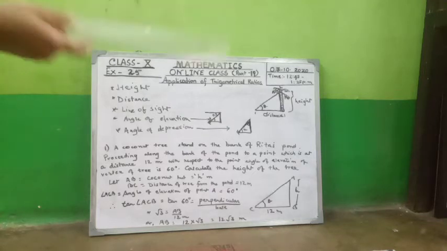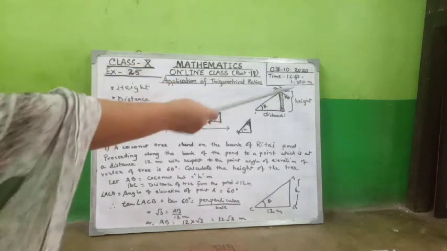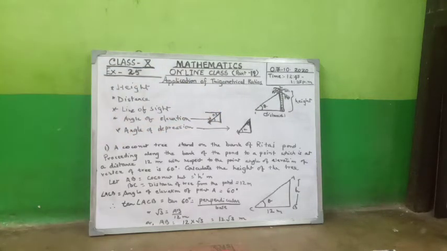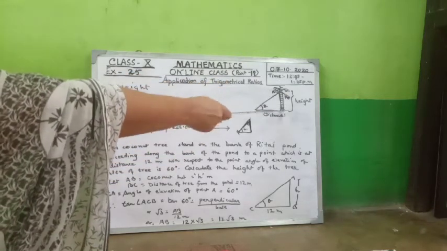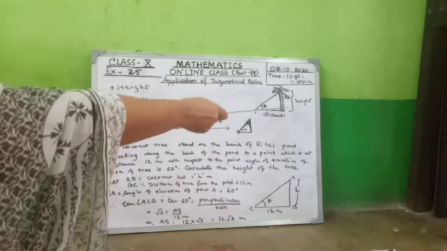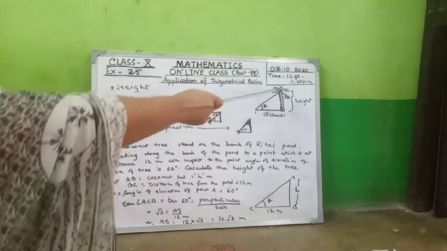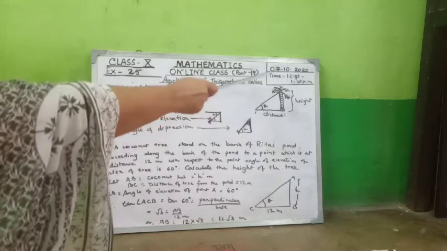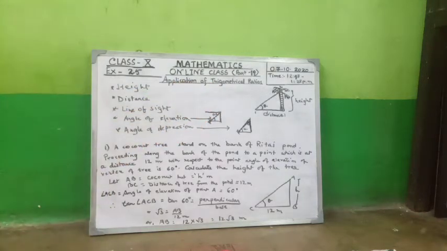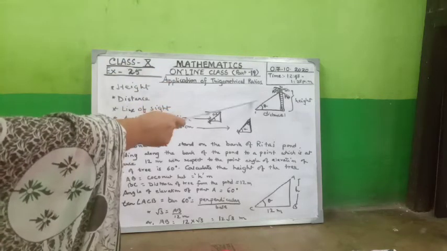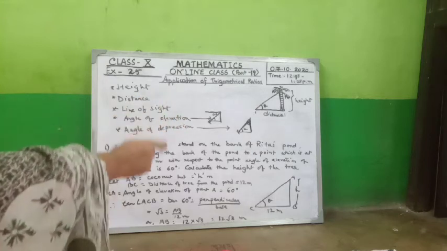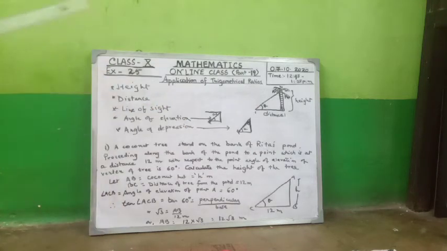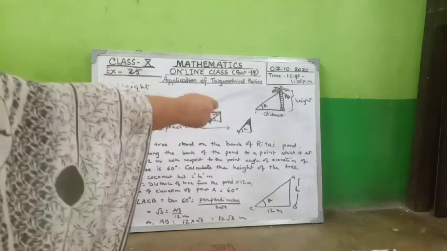Now, suppose take this figure. There is a tree over here. You may be asked either to find the height of the tree and the distance of the tree, because you see this height of the tree is creating a perpendicular line with the ground, and you can easily form a right angle triangle, and from here applying tan theta, cos theta, sin theta formulas, or cos theta, cot theta, any ratios, you can easily calculate the height.